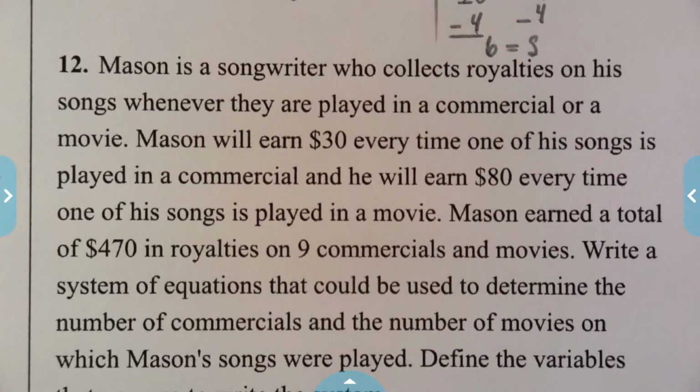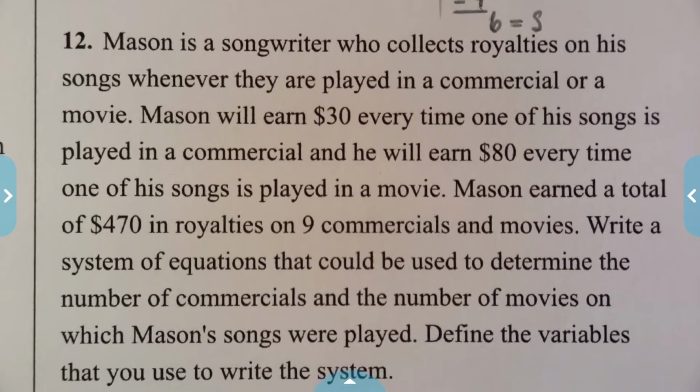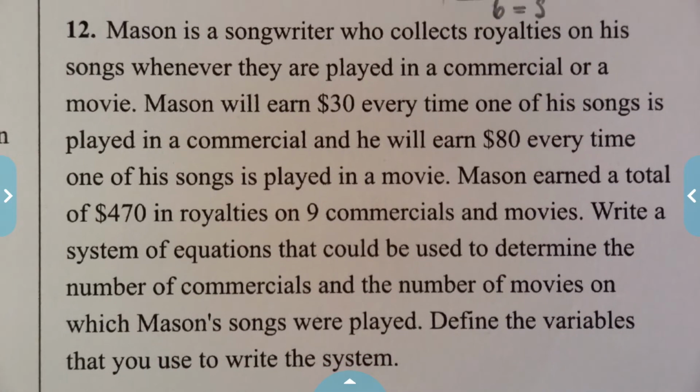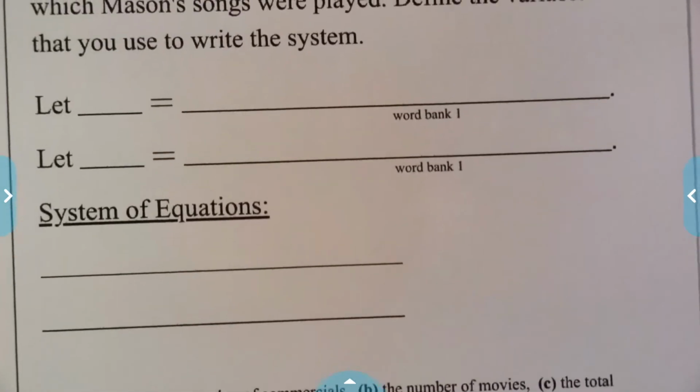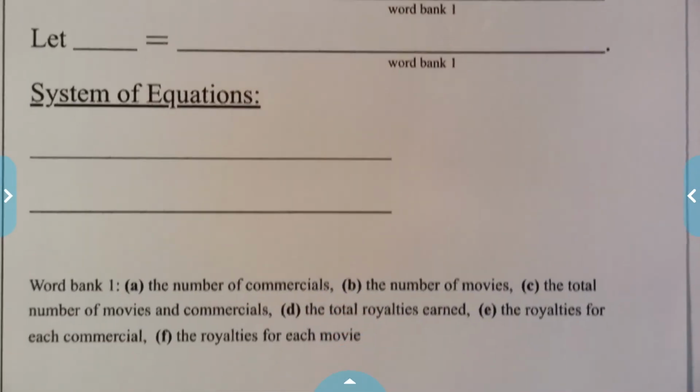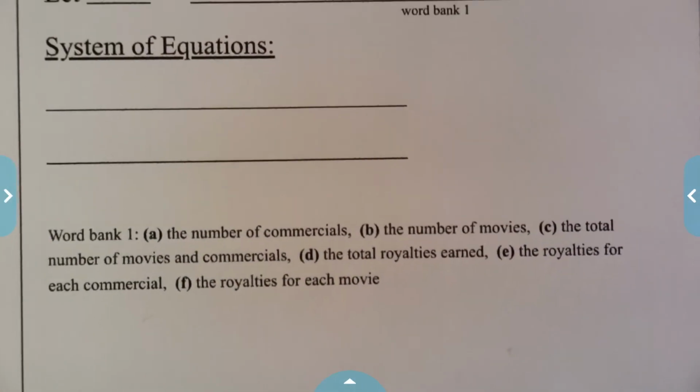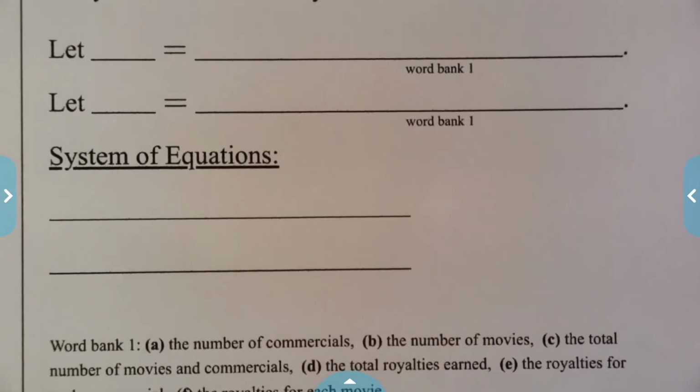Okay, here we are on number 12, and it looks like a block of text, right? So this is Delta Math giving you this, what I think is just taking up valuable white space.